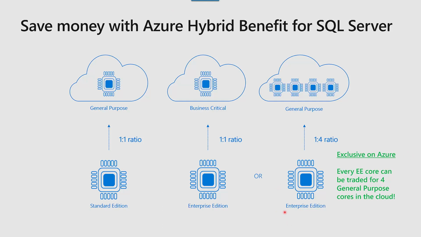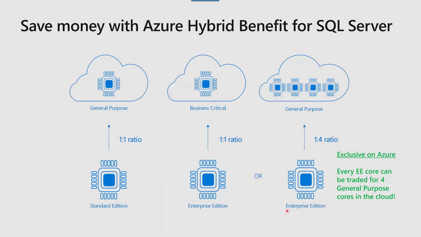It says that if you have Enterprise edition and you go into General Purpose tier, understand this one, okay? General Purpose is like a Standard edition. So Standard goes into Standard, it's a 1-to-1 ratio. Enterprise goes into Enterprise, it's a 1-to-1 ratio. But Enterprise goes into Standard, you get a 1-to-4 ratio. Here you have 1 core, you can get 4 cores over here, okay?